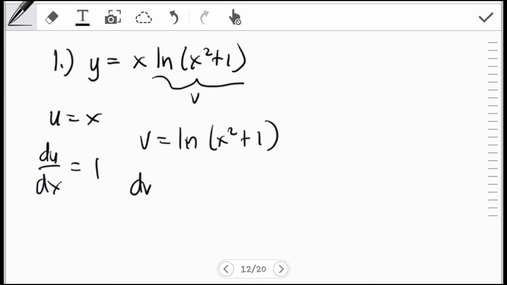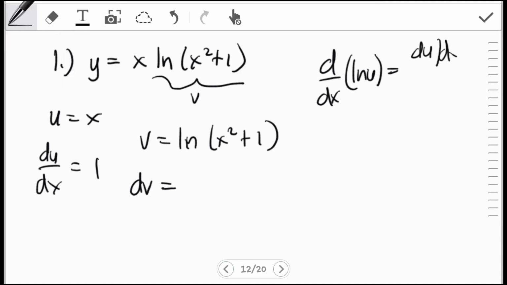So for dv, again use this formula: d over dx of ln u is equivalent to du over dx over u.